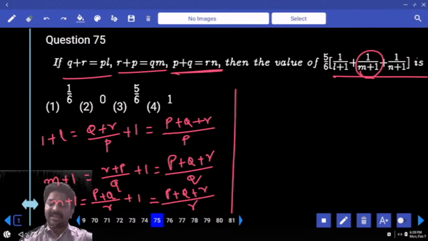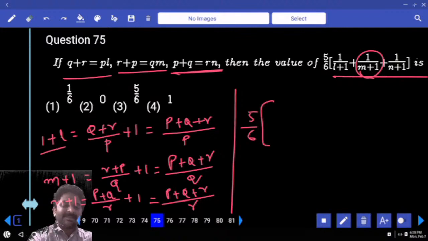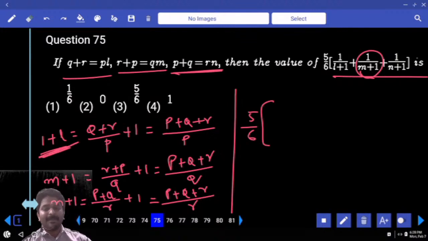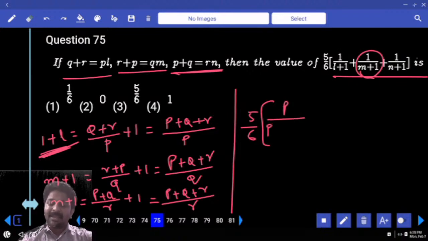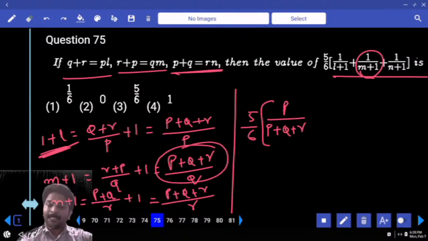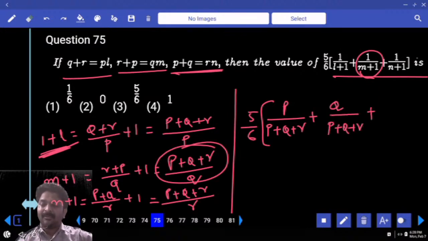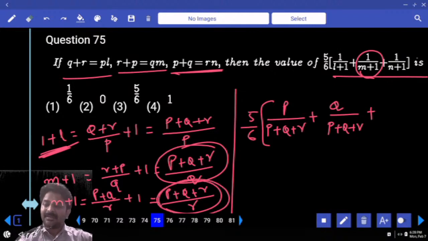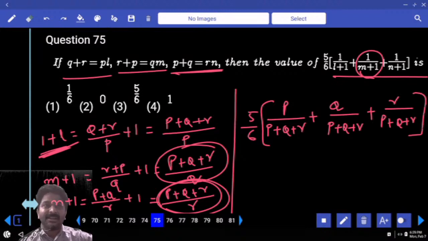Now finally we were asked to calculate 5 by 6 into 1 by L plus 1. L plus 1 is equal to P plus Q plus R by P. 1 by that number is P by P plus Q plus R. 1 by M plus 1, inverse of this number, Q by P plus Q plus R. 1 by N plus 1, inverse of this number, R by P plus Q plus R. If you take the denominator common, P plus Q plus R, even in the numerator also we have the same.